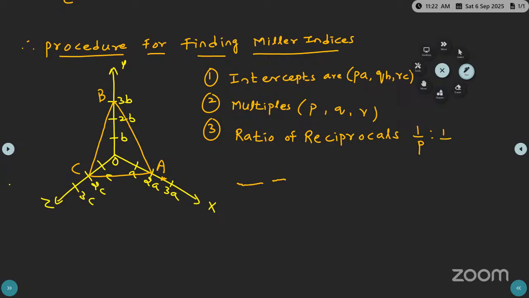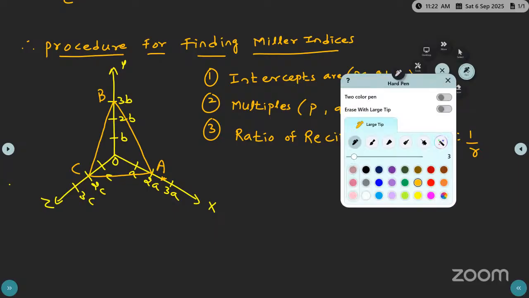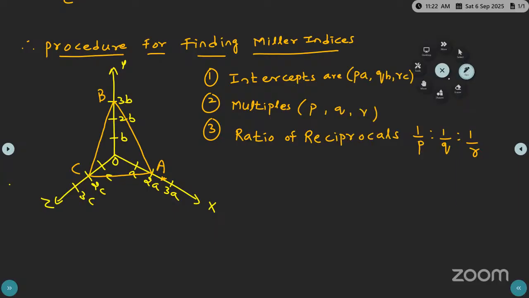That is 1 by P is to 1 by Q is to 1 by R. Next step.